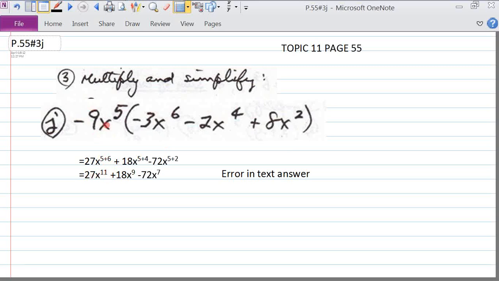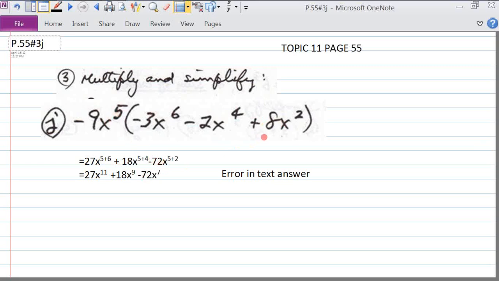Now minus 9x to the 5th times minus 2x to the 4th gives us 18. We're going to add the powers of x, 5 plus 4, and we'll get 9. So that's plus 18x to the 9th. And finally, we're going to multiply minus 9 by plus 8, which is going to give us minus 72.